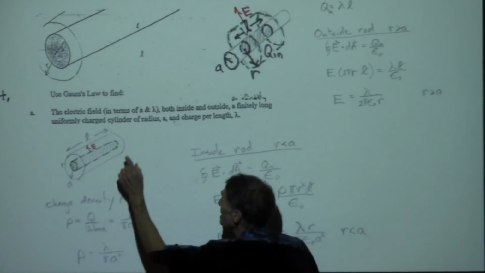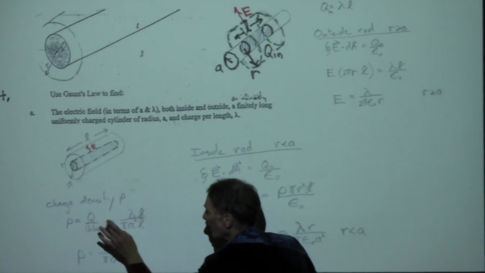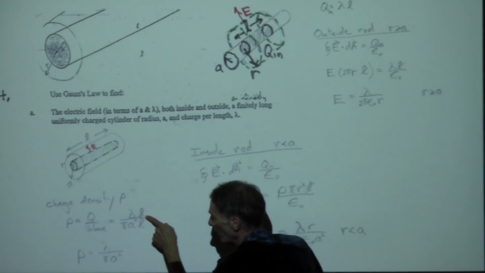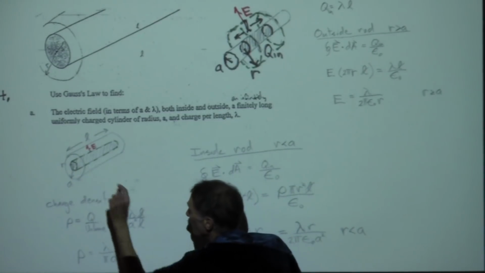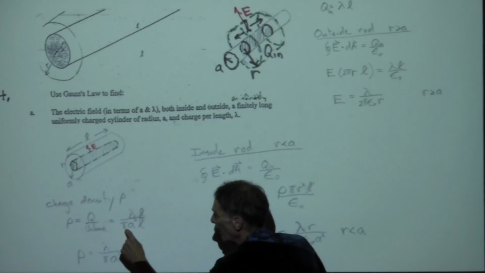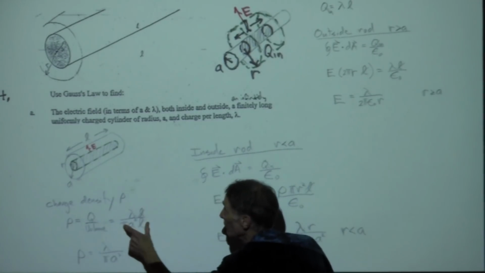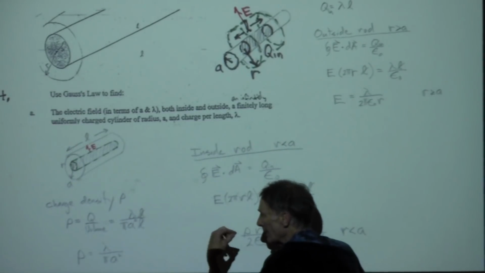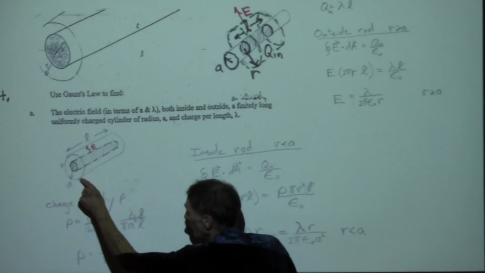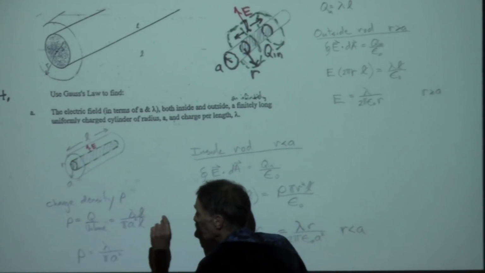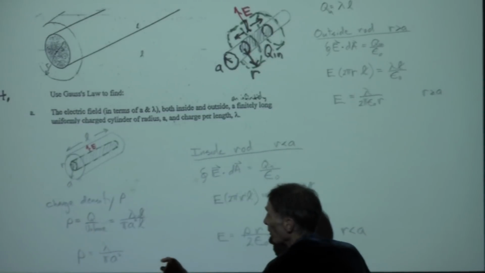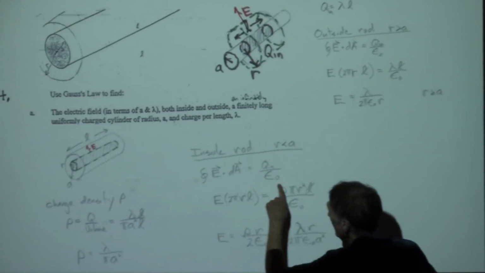Well, the charge inside here for some length L is just going to be lambda times L over the volume of that piece, which is going to be pi a squared times L. So this is the volume of the whole thing. So I'm finding the density of the material, because that's going to be handier for me to use when I go inside.